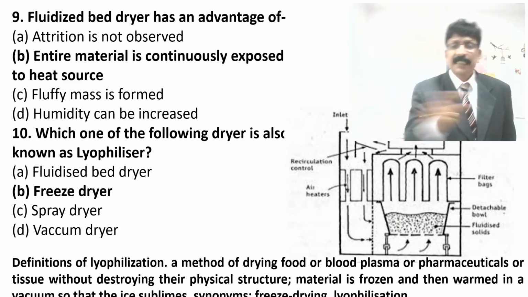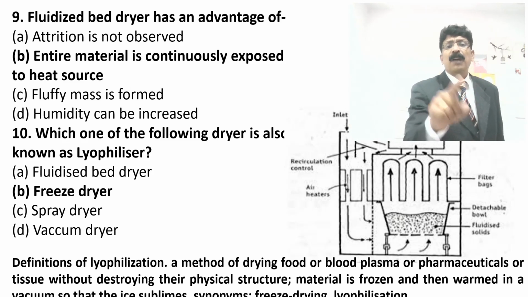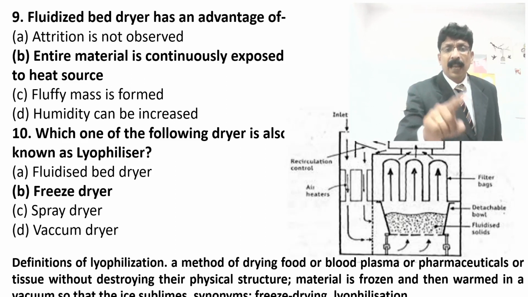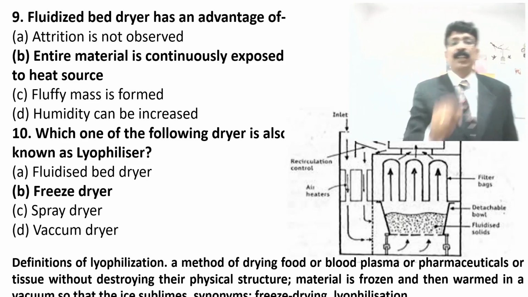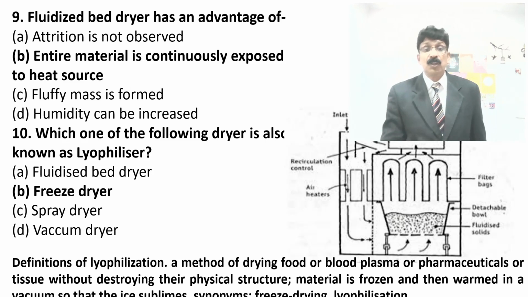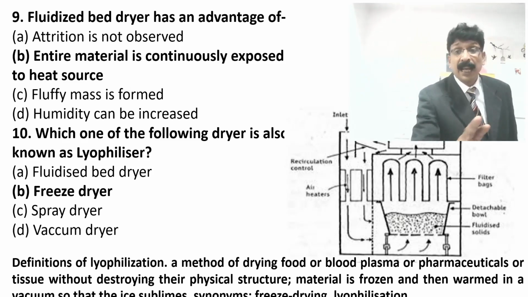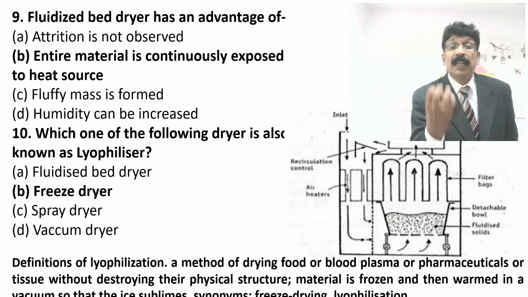There is a definition which I have given, because the question is 10. Which one of the following dryers is also known as lyophilizer? So lyophilizer means what? Students should know the word lyophilization.